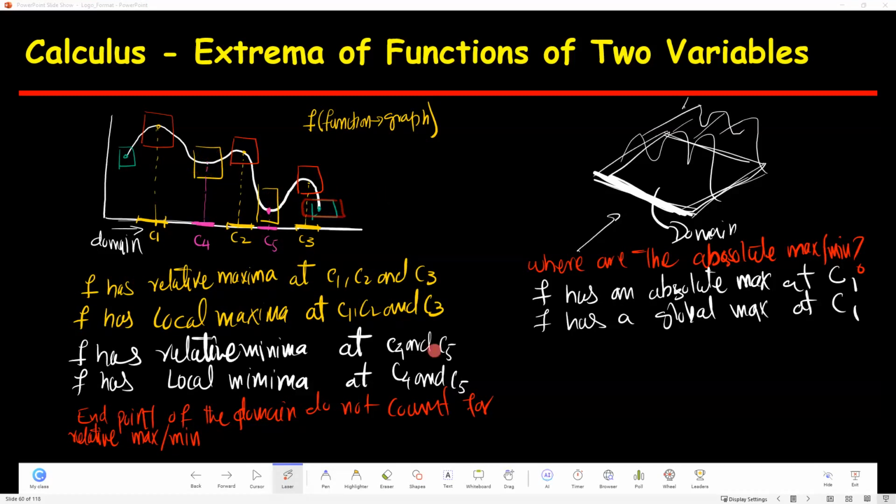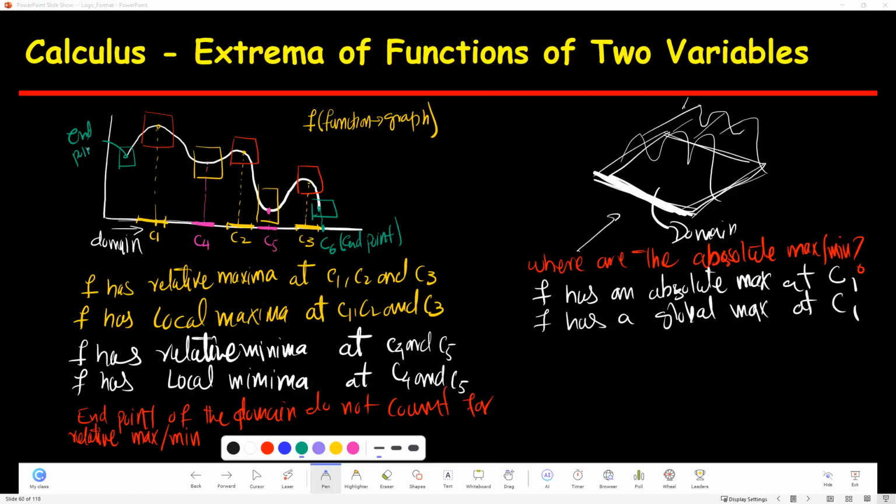At this point, I need to give some point names. So I'm going to come here and say this point maybe C6. And this is an endpoint, and this is also an endpoint.